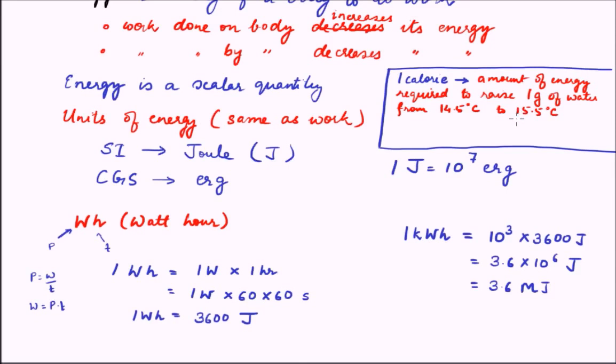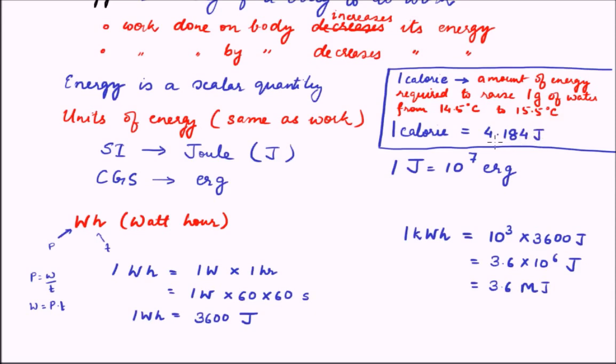Now, what is the equivalent of 1 calorie in SI unit? We know the definition, but we don't know the SI equivalent, that is how many joules are 1 calorie. So let us see how much that is. 1 calorie is 4.184 joule.